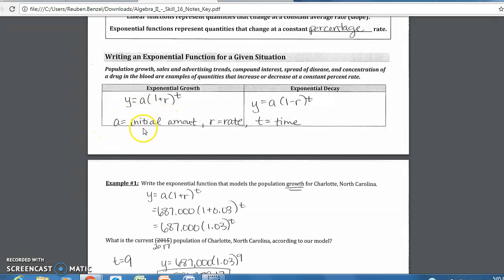The A represents the initial amount, so what did you start out with? The R represents the percentage rate that you need to put as a decimal. So 2% would be 0.02, 10% would be 0.1 or 0.10, and time is going to be t.